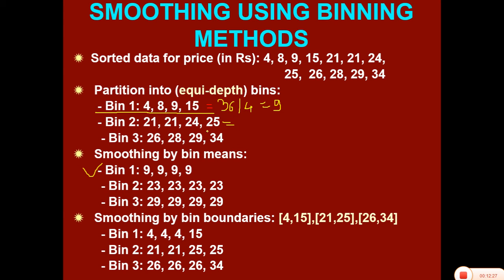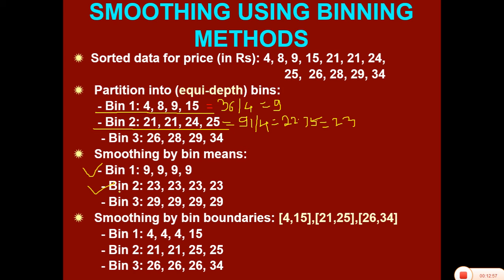Again the same thing, 21, 21, 42, 42 plus 24 will come as 66, 66 plus 25 will come as 91, 91 divided by 4, what will be the value? 22.75. So approximately it will be 23. So every value in bin 2 will be replaced by 23.